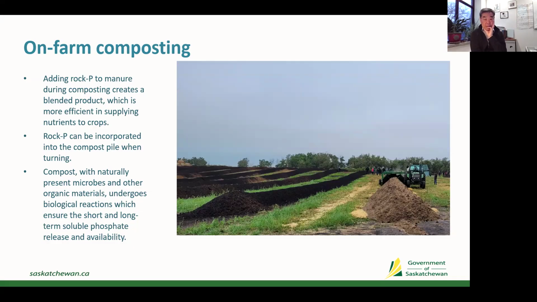A small portion of the rock P will be dissolved when it interacts with the bacteria and with the organic components, such as organic acid ligand groups, which help to dissolve the rock phosphate. So if you want to do that, you could incorporate rock P into the compost pile when you're making the turn.